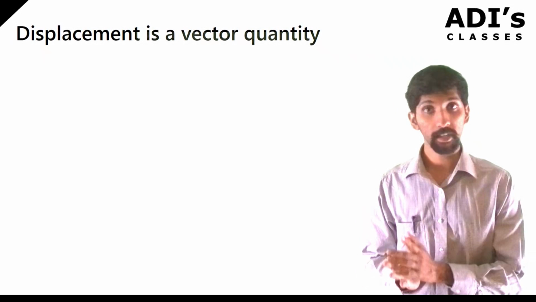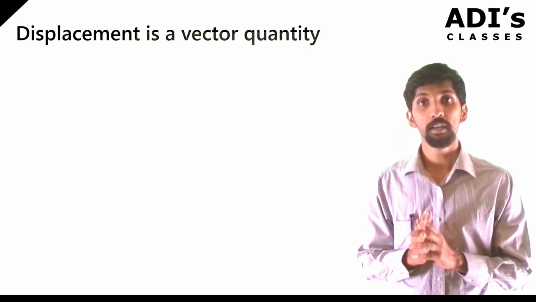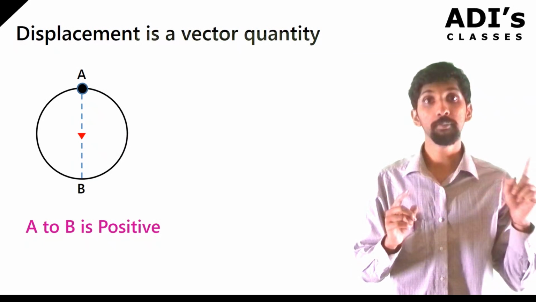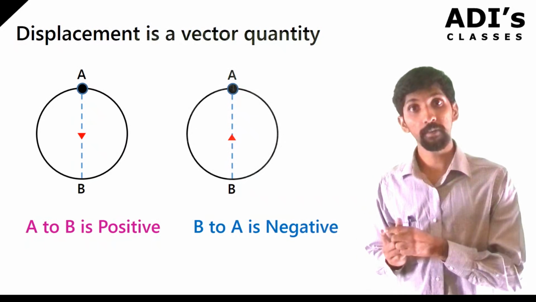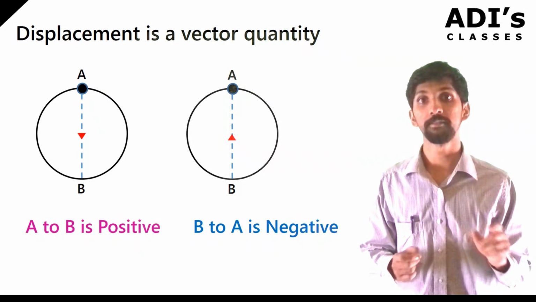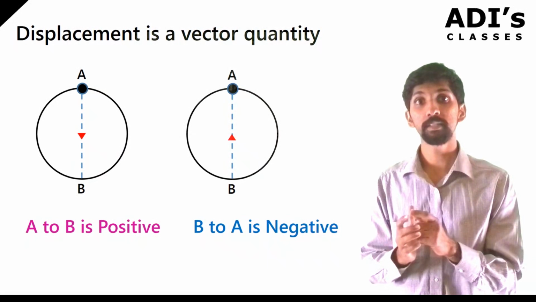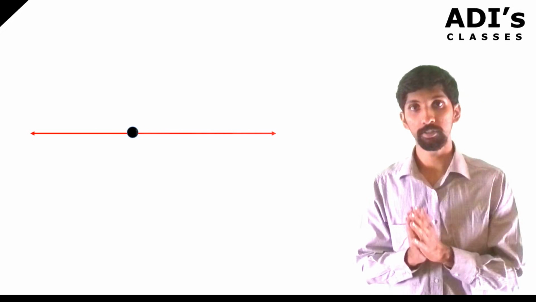Remember vectors, we had magnitude as well as direction, right? So displacement has a direction. From A to B we are moving, that is positive. From B to A we are moving, that is negative. So whenever we have displacement to be negative, that means we are moving in the opposite direction.